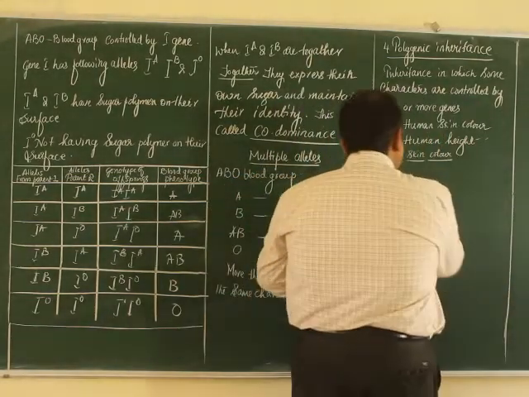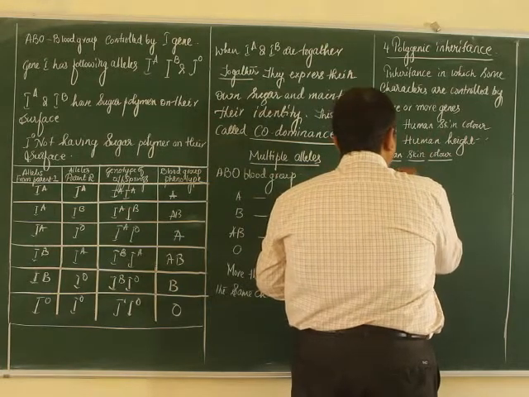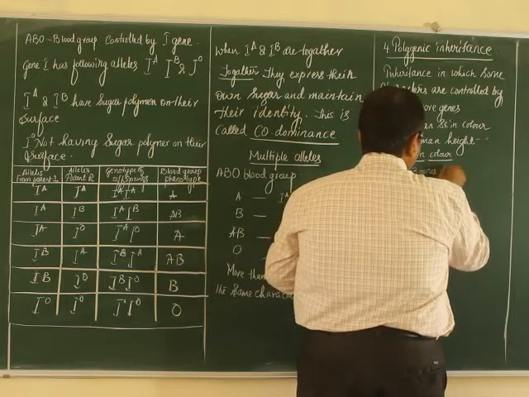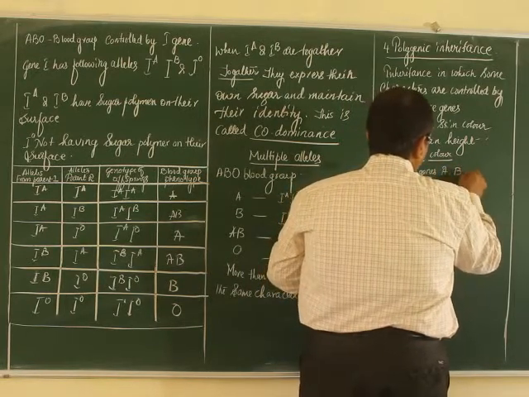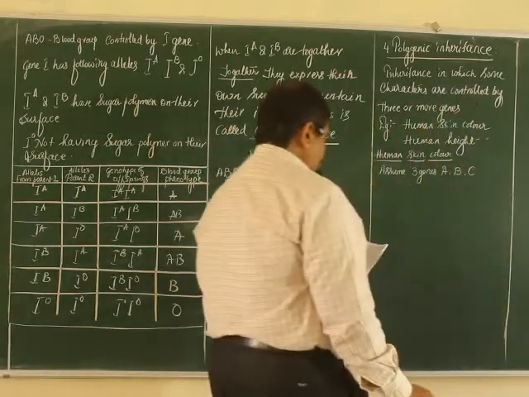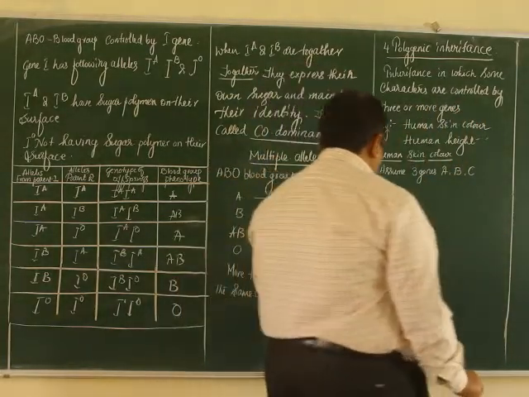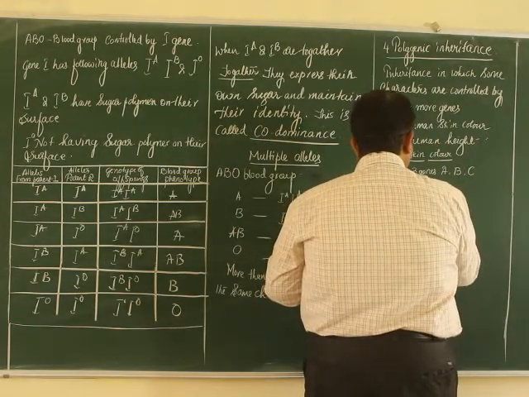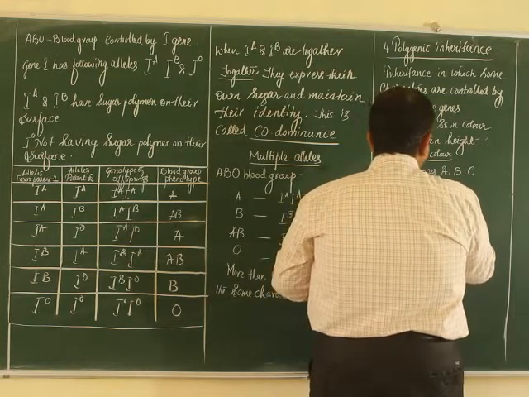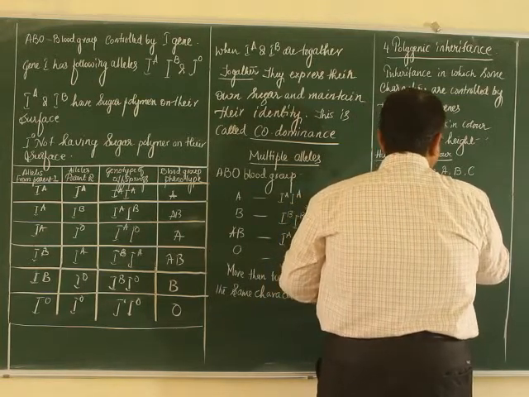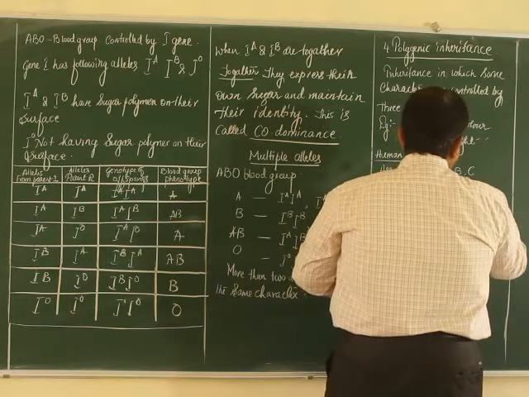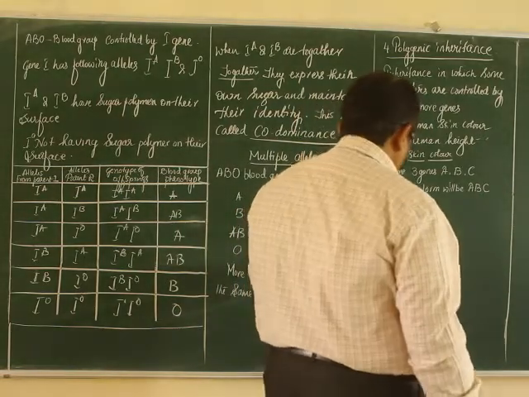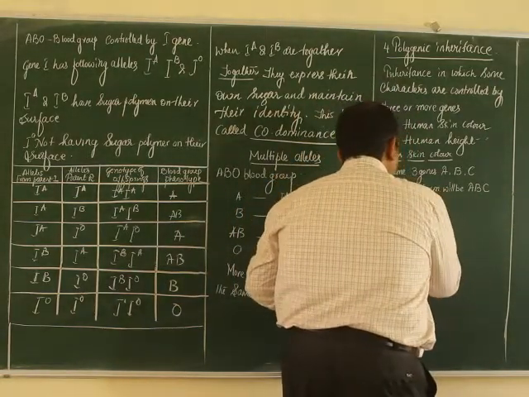Assume there are three genes, A, B, and C, to control skin color.